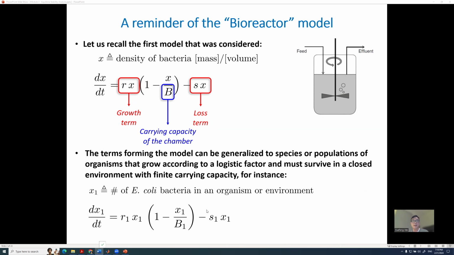The point I want to make here is that the way we model the growth of bacteria in the bioreactor is actually a model template. It's a class of models called growth models that apply to any physiological process involving growth with a logistic factor.